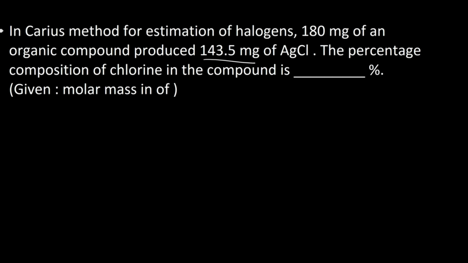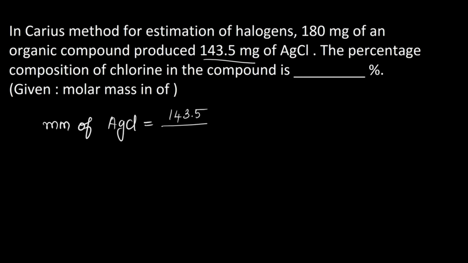So what we have to do is find the millimoles of AgCl, which is equal to the weight produced divided by the molar mass of AgCl.